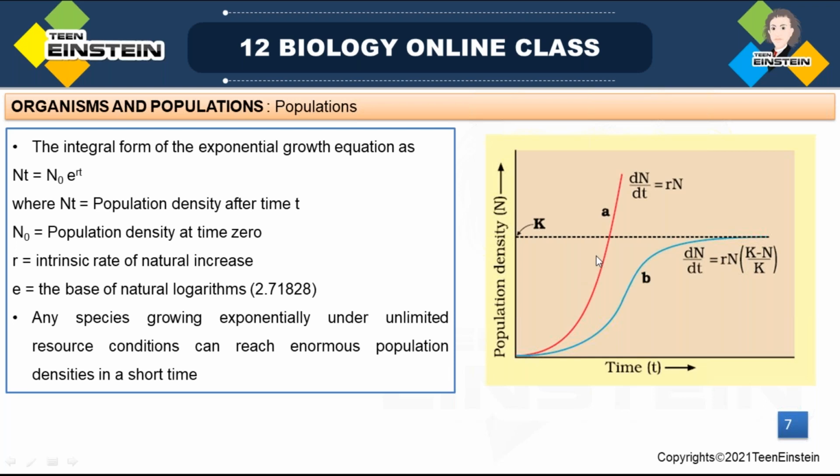When all resources are available, any species growing under unlimited resources will show exponential growth, and the population density will increase in a short time, because all food resources are available and all conditions are matching. Then a species present in that condition can show maximum growth.